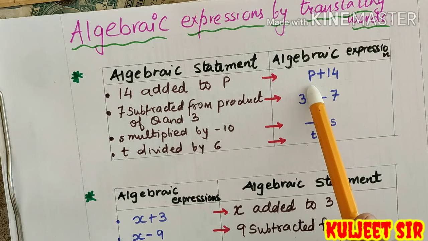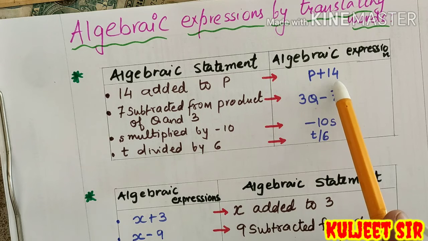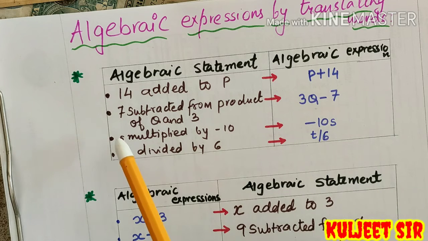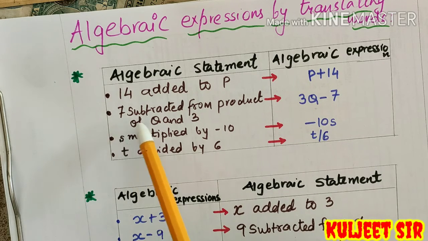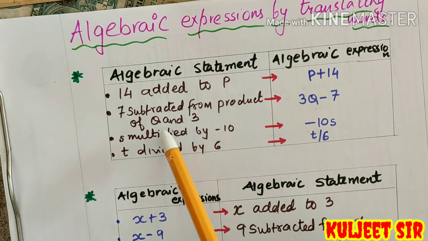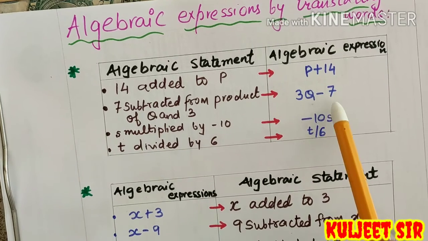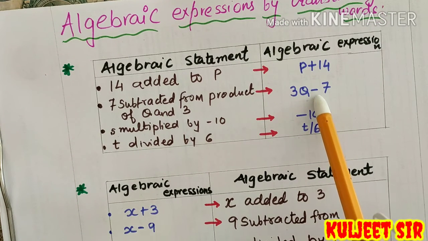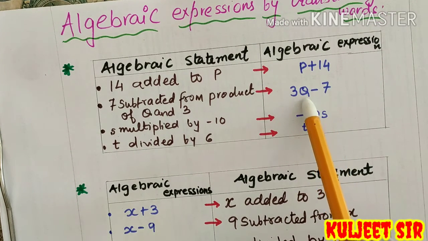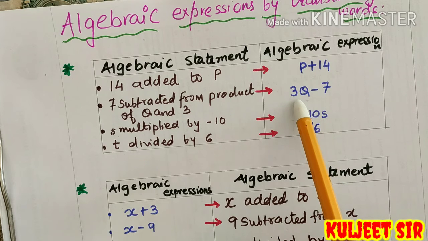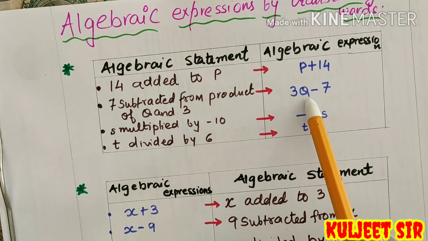Added to p gives you your answer as p plus 14. Second, 7 subtracted from the product of q and 3. Product means multiplication. So you can see here 7 is subtracted from the product, the multiplication, of 3 and q, 3q, so 3q minus 7.